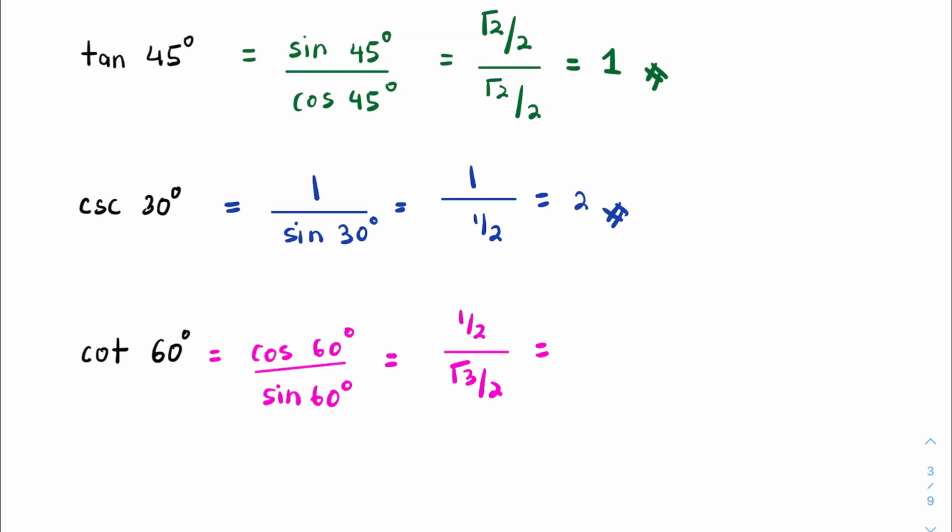Simplify, and you have 1 over square root 3. You can leave your answer like this, or you can rationalize it: 1 over square root 3 multiplied by square root 3 over square root 3 gives a nicer answer, which is square root 3 over 3.